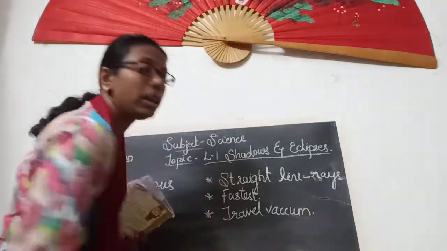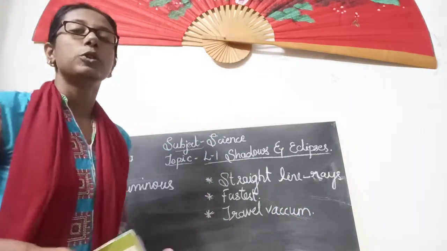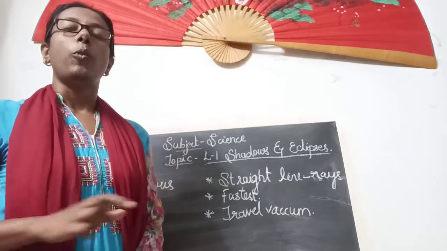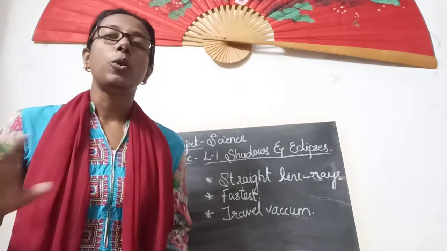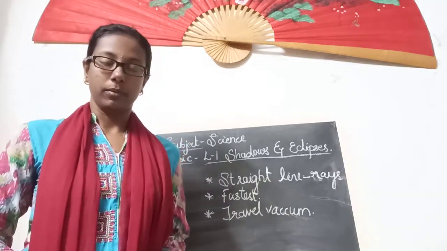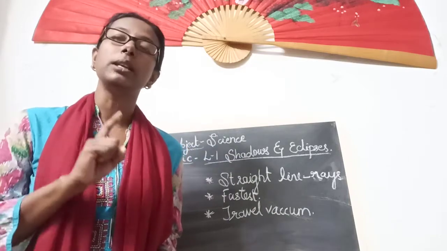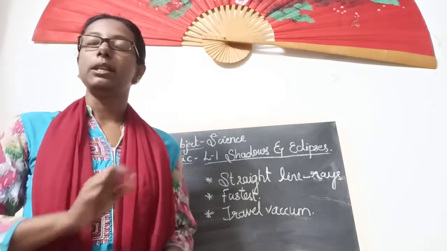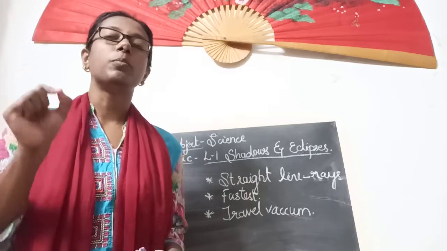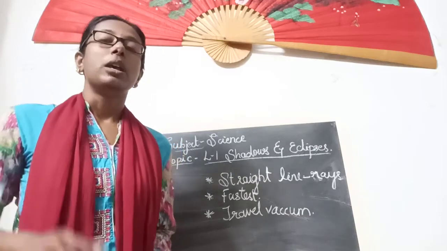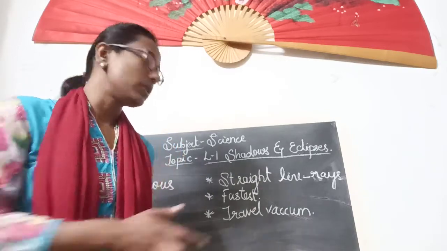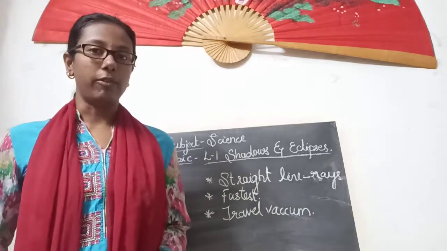Now you will be wondering, what is vacuum? So vacuum is a place where there is no air. There is not even a small presence of air. So in that situation also the light can travel.